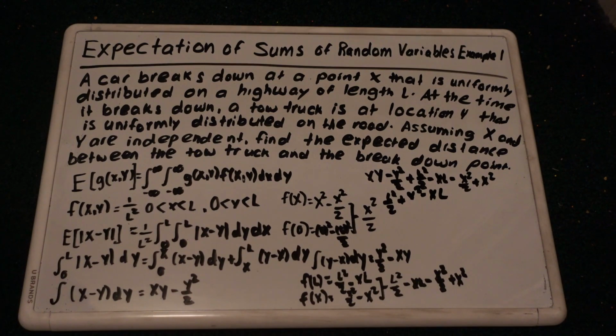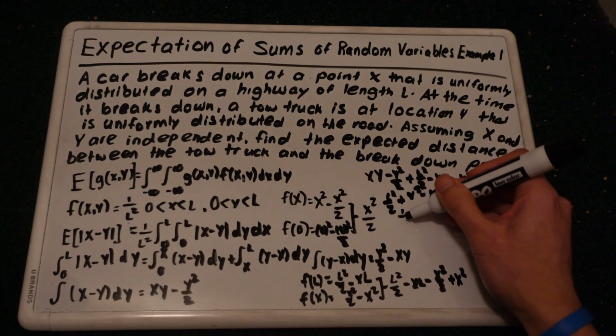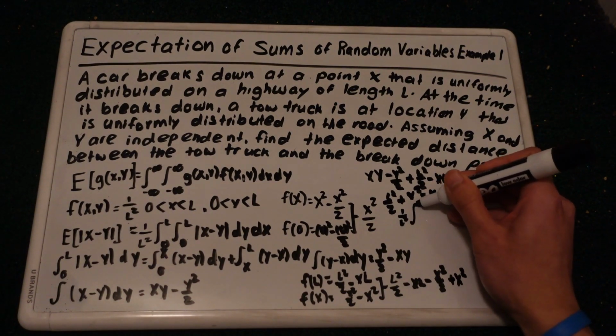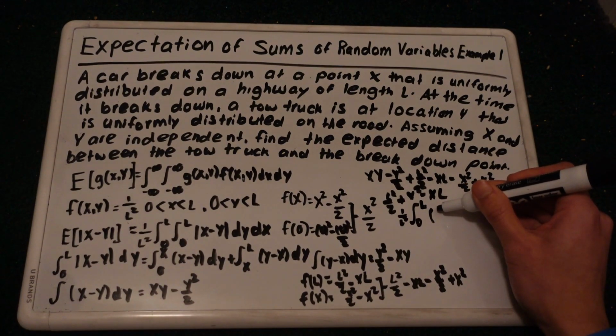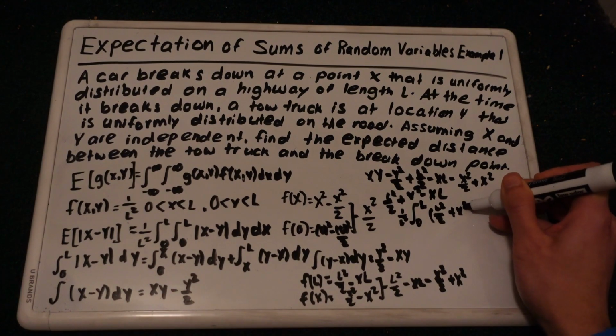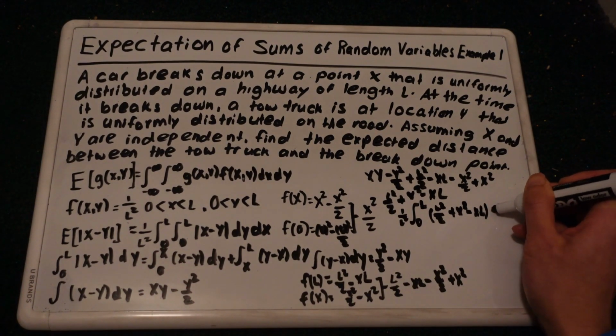Now we have to do the integral one more time, in terms of dx. So that would be 1 over L squared times the integral from 0 to L of L squared over 2 plus x squared minus xL dx.